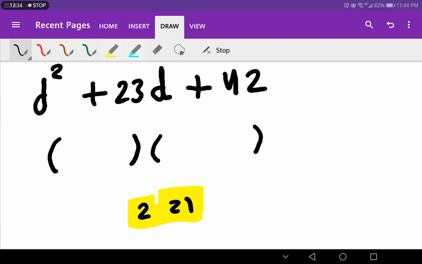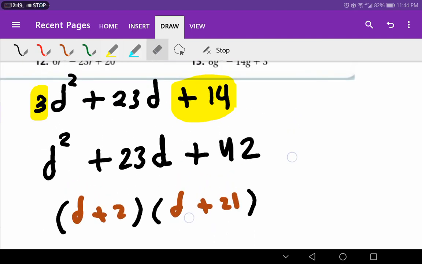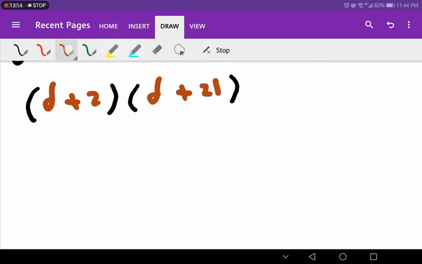So it is d plus 2 and d plus 21. Now, my dear student, come back to the coefficient. You're not finished. The coefficient is 3, and the 3 is a prime number, so no need to do anything about it.